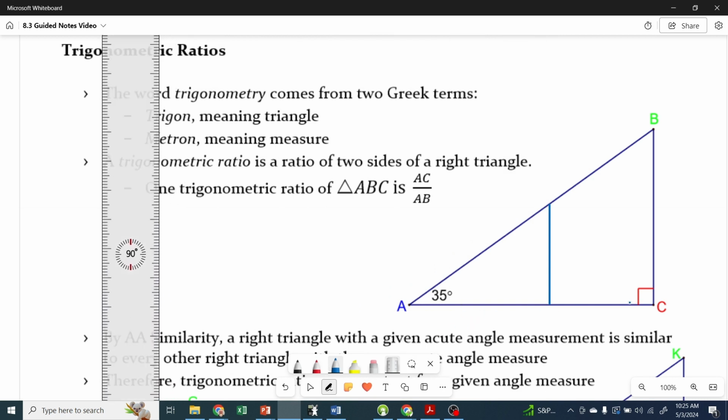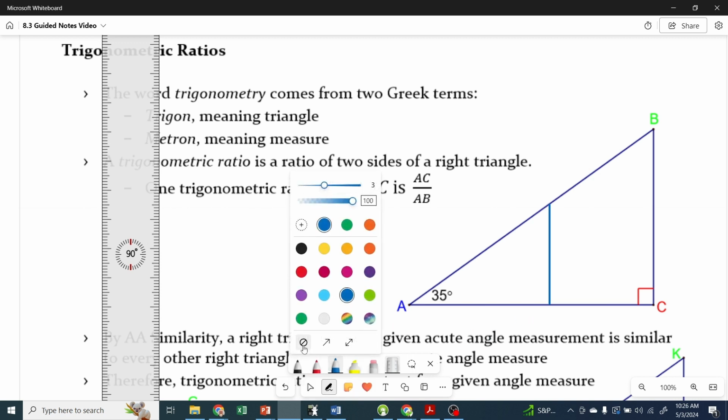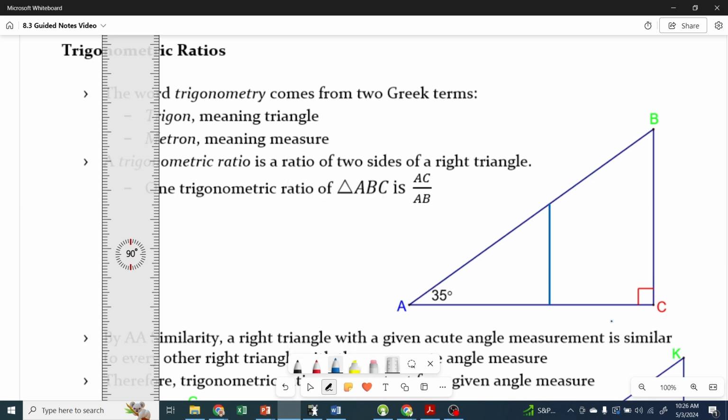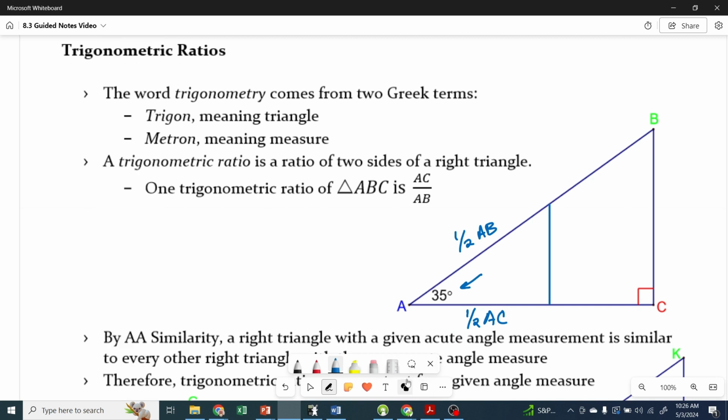Let's just say that this is AC, the length of AC, and this is 1/2 of AC. And it would make sense that this length here would be 1/2 of AB. Well, they're still in the same ratio. And that's related to this angle, this 35-degree angle.